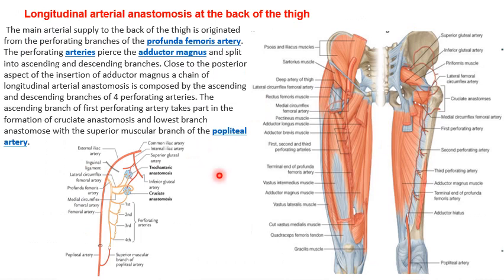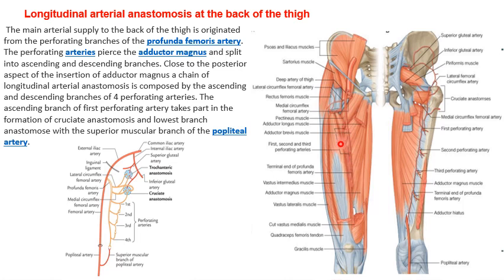Now about the longitudinal arterial anastomosis at the back of the thigh. This is the longitudinal arterial anastomosis. This is the posterior aspect, this is the anterior aspect. So this is the femoral artery. The biggest branch is the profunda femoris artery.